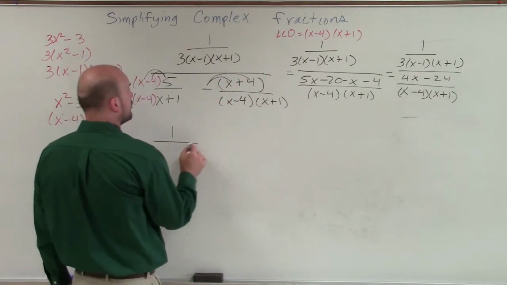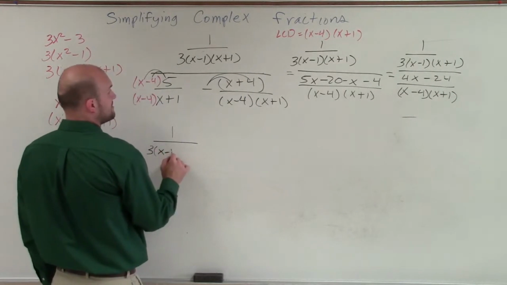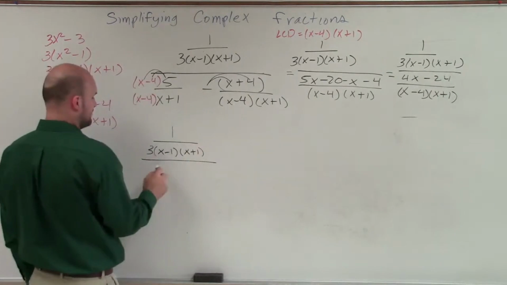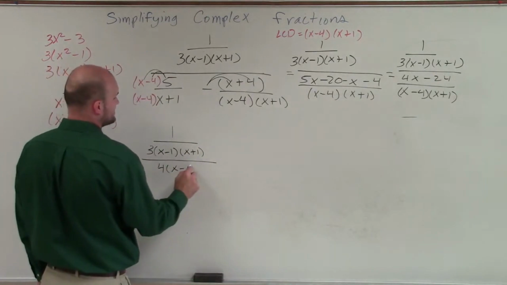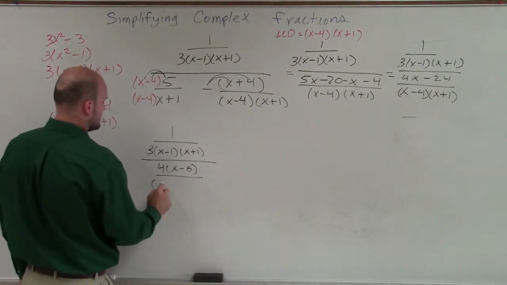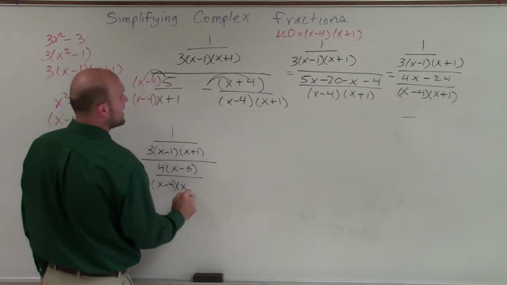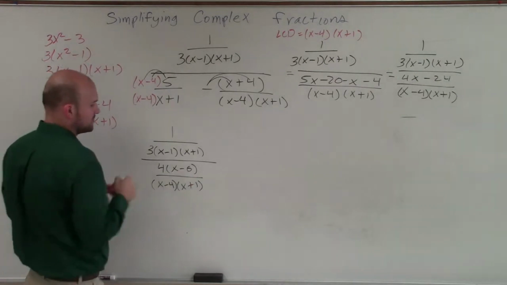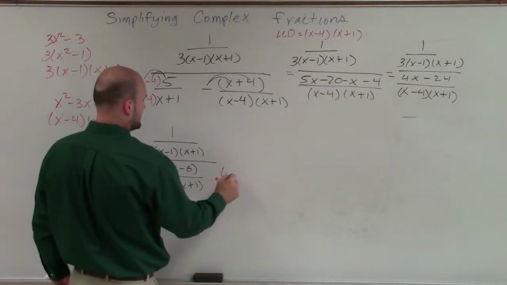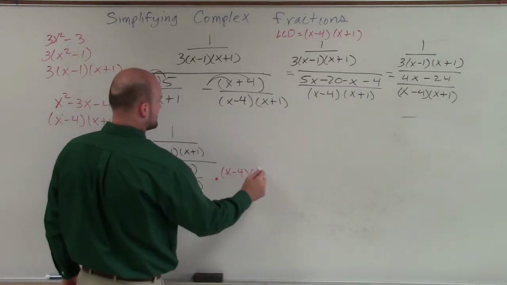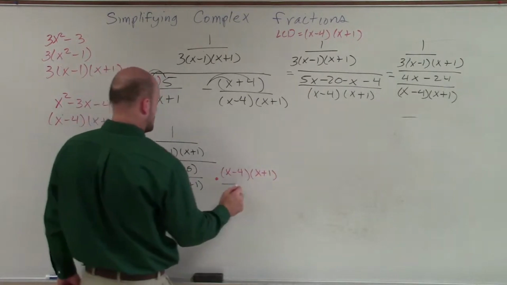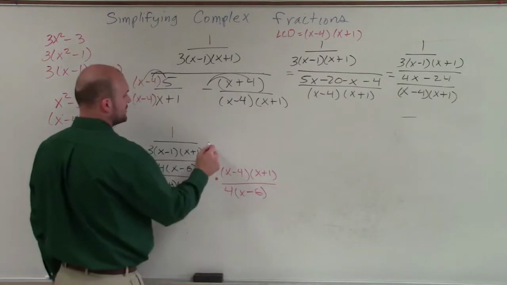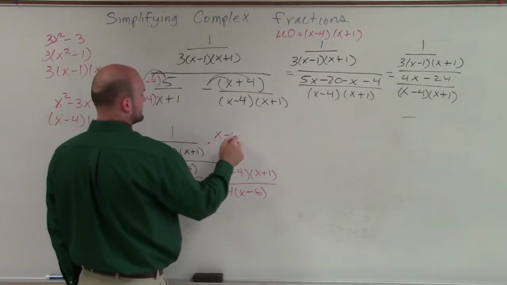So I have 1 over 3 times x minus 1 times x plus 1, divided by, in simplified form, 4 times x minus 6, divided by x minus 4 times x plus 1. Now I multiply by the reciprocal, which will be x minus 4 times x plus 1 all over 4 times x minus 6. And remember, we do that in the numerator, and we do that in the denominator.